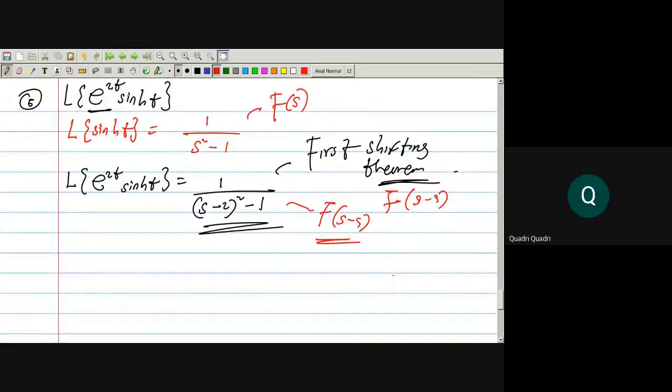Do you understand now? We wrote exponential 2t, that was this 2. You just come and subtract. Yes, but like you wrote minus 1, where is it? It's here, inside.